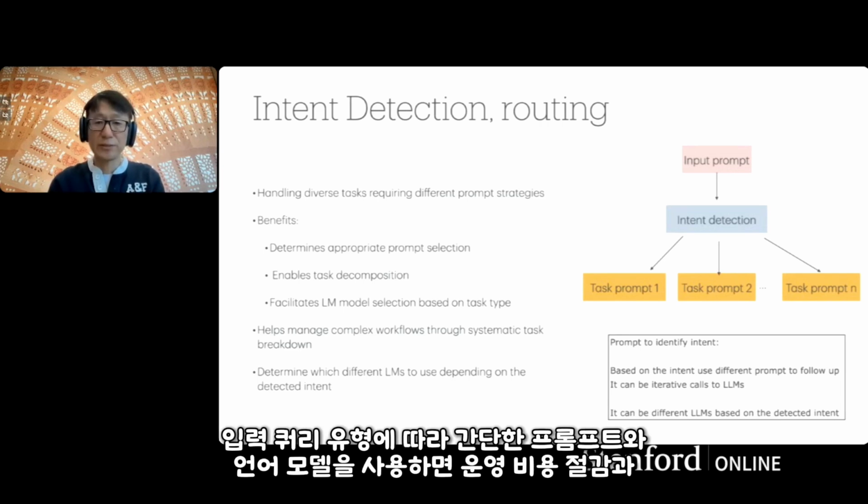Based on the input query type, you may use a simple prompt together with a simple language model. This will help in terms of operation costs, as well as generate more appropriate output, with a more relevant prompt and a language model that is more capable for that type of query.